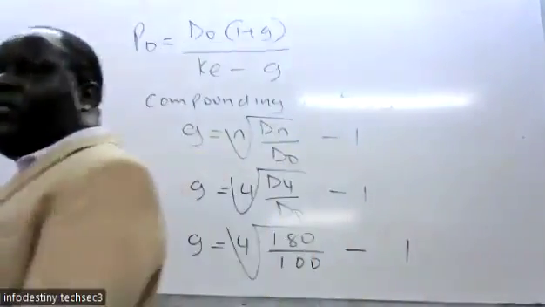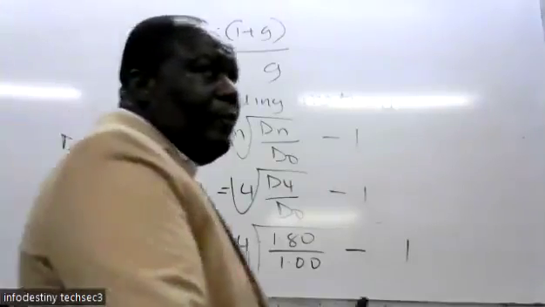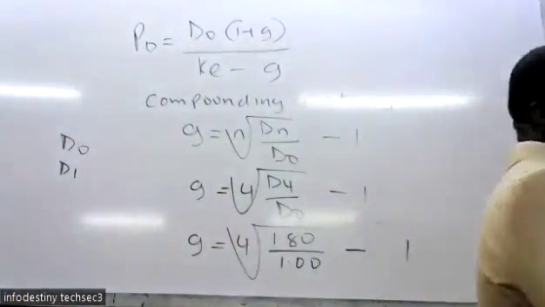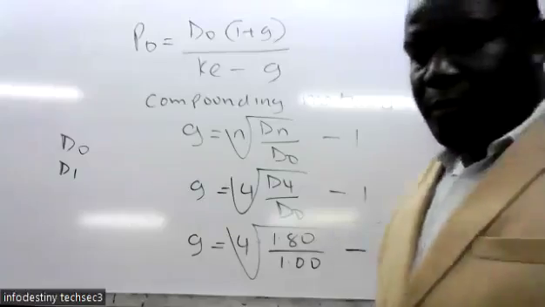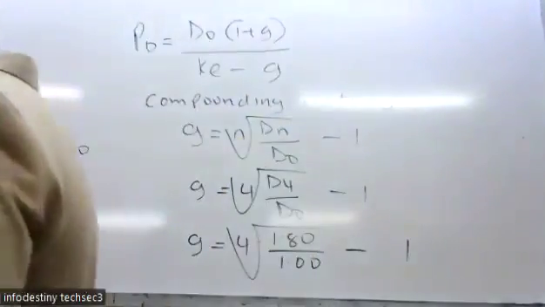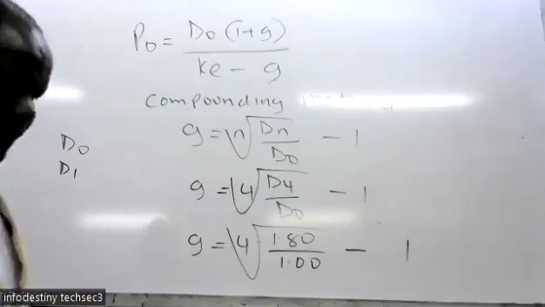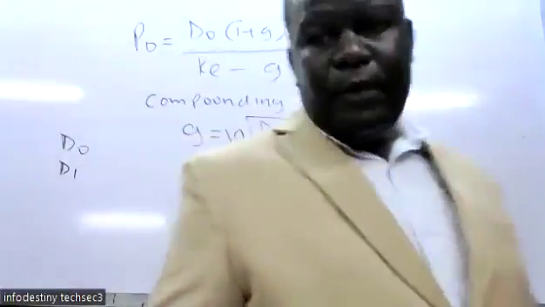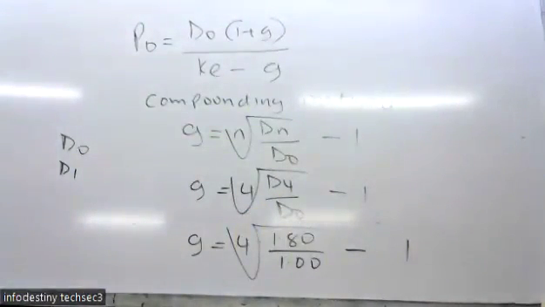So let us get that g. We had used that formula before. So let us get g at that portion. We should be able to calculate g at that portion.